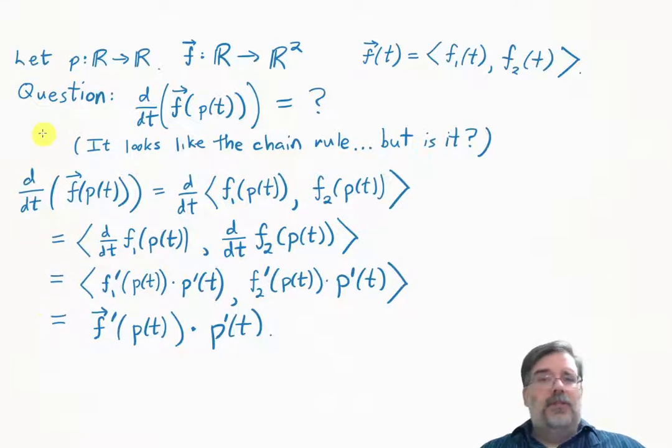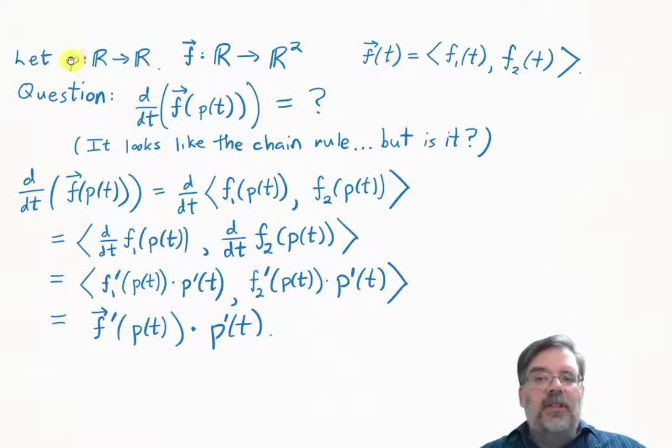So there's also something called the chain rule. You might remember, if you have a function within another function, how do you calculate its derivative? So here, again, let p be an ordinary function, one input, one output. And f is our vector function, f of t. So the input for the vector function f is just an ordinary number.